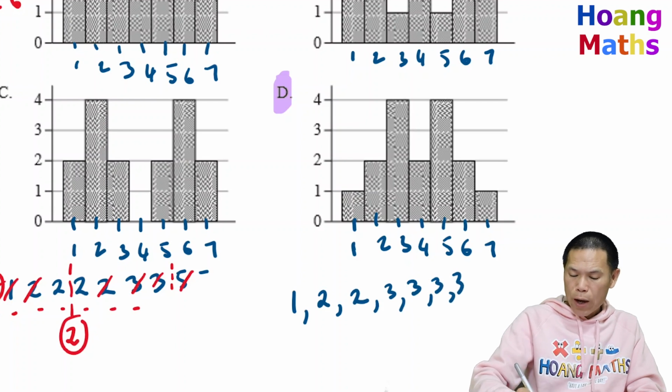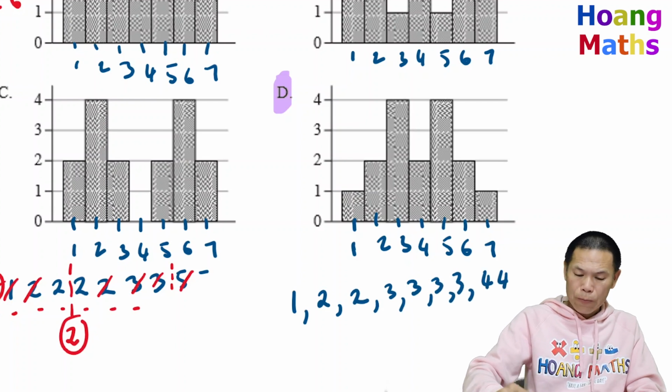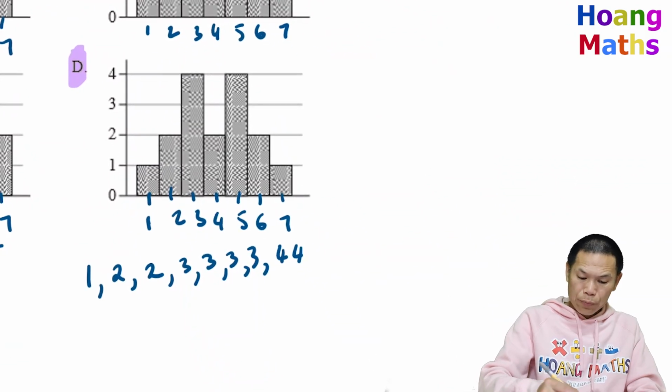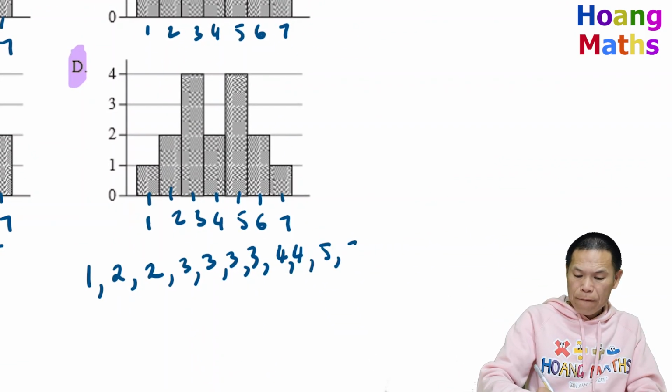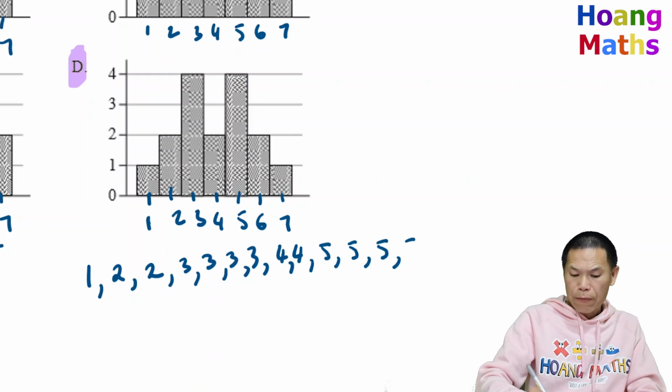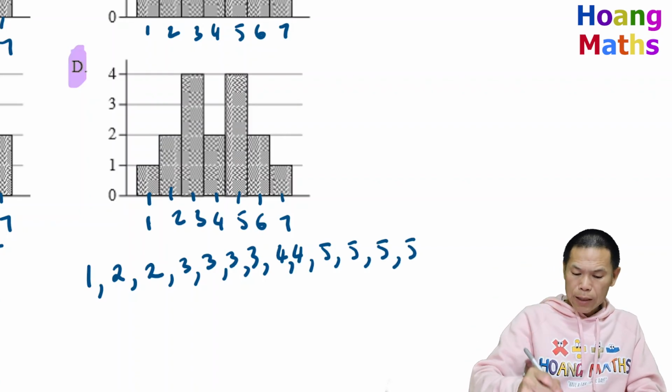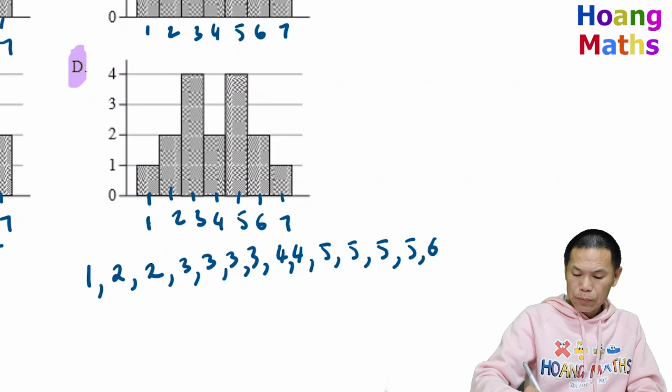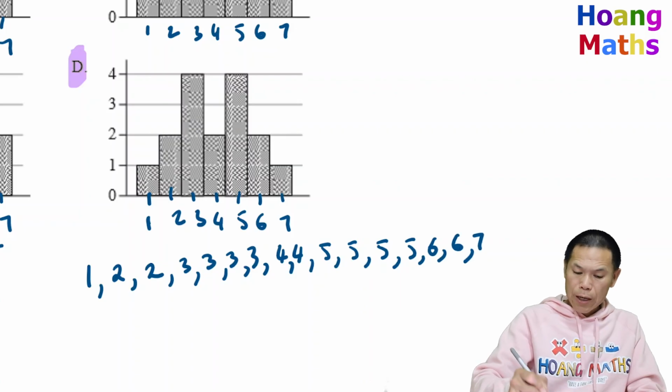And 4 is twice, 4, 4. Then we have 5 is 4 times, so 5, 5, 5, 5. 6 has a frequency of 2. And then 7. There you go.